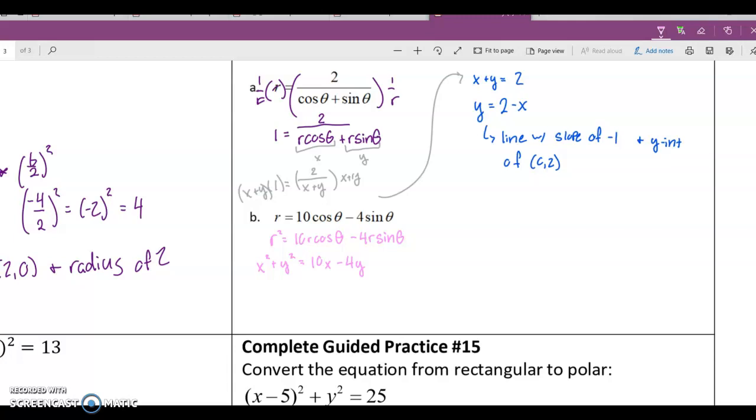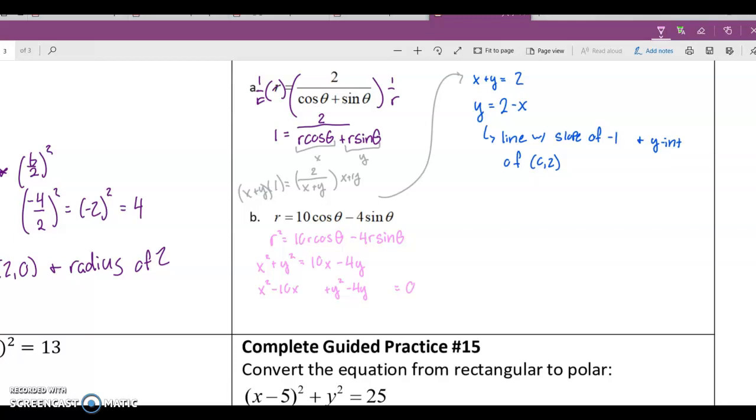So let's move everything over to the left-hand side so it's a little bit easier to work with. So we have x squared minus 10x, I'm going to leave a little space, plus y squared minus 4y is equal to 0. And now we need to complete the square on both of these.